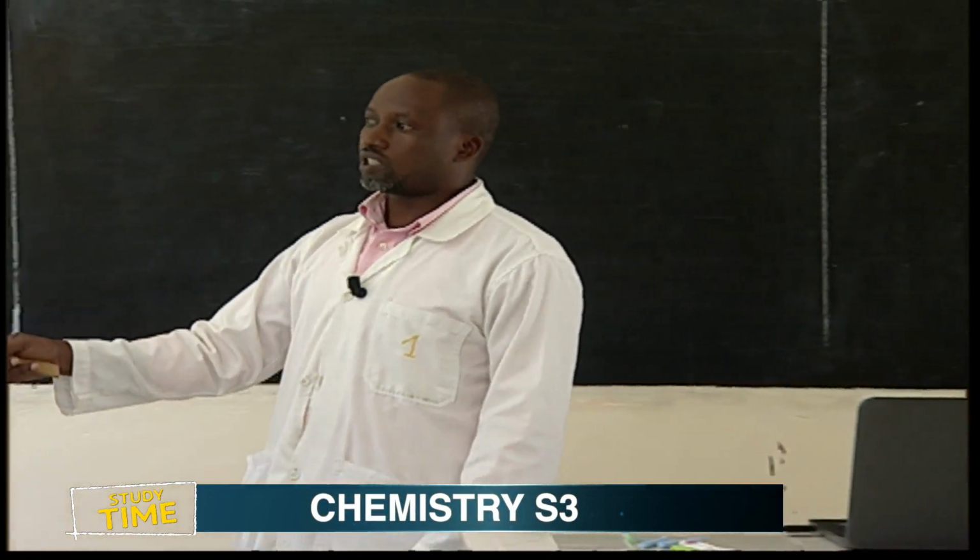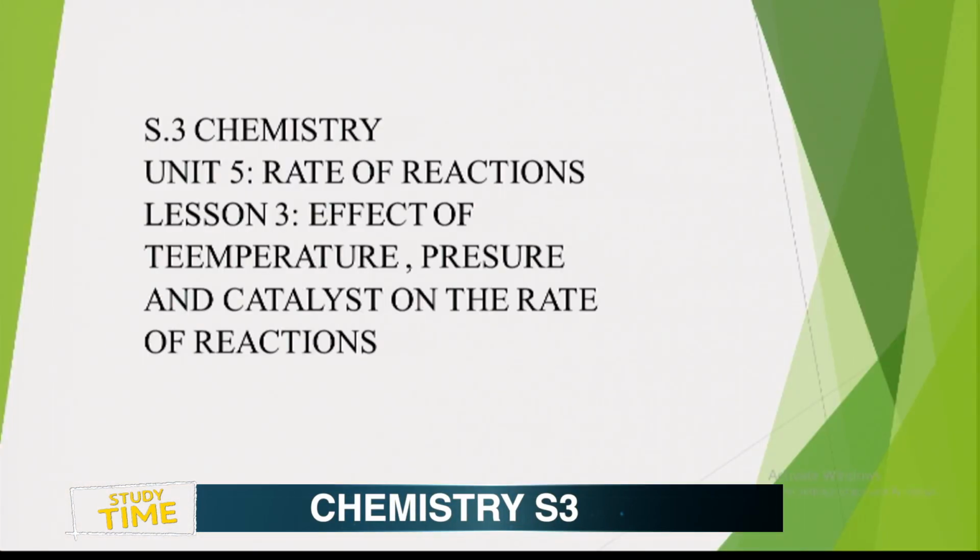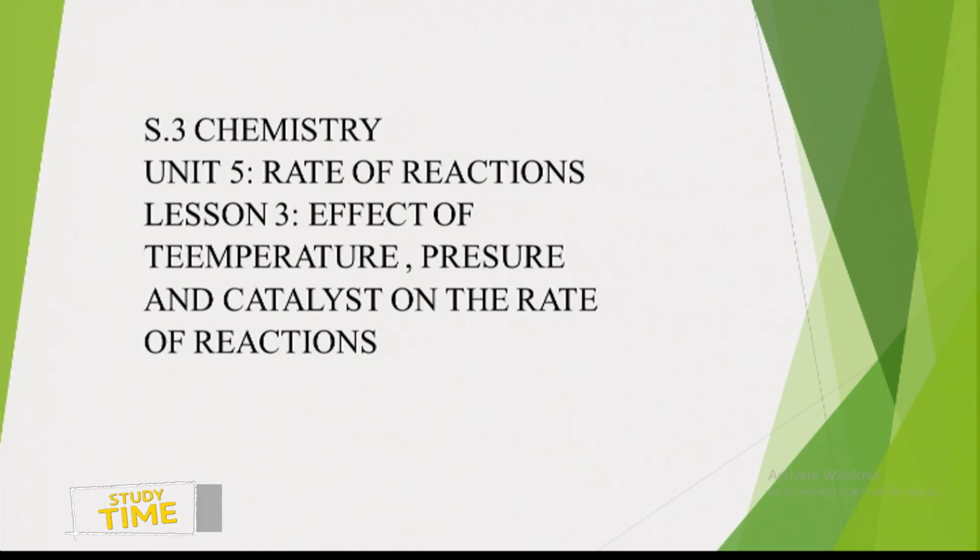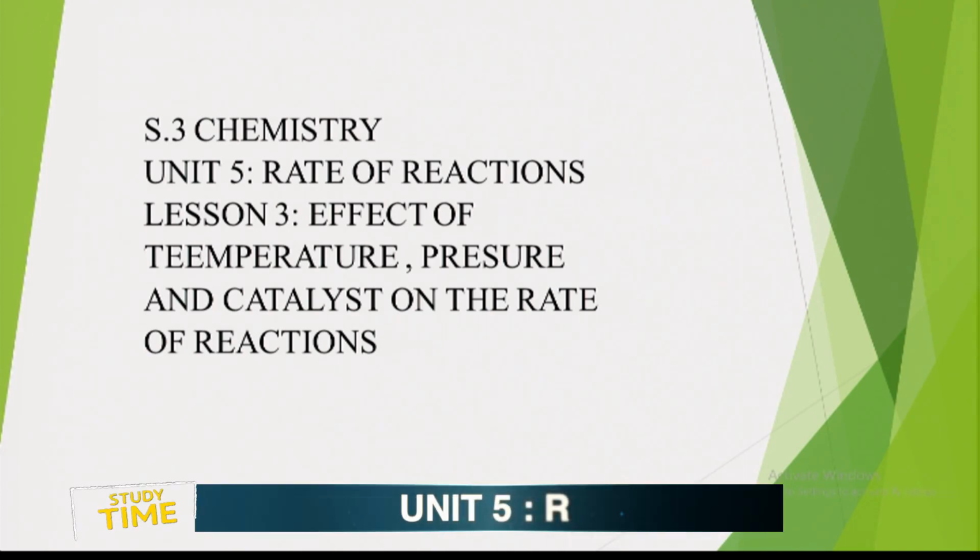I'm teacher Patrick, and I will be with you in chemistry for senior 3. We're still looking at unit 5, which is the rate of reactions. This is lesson number 3.